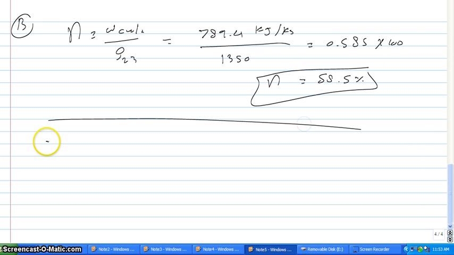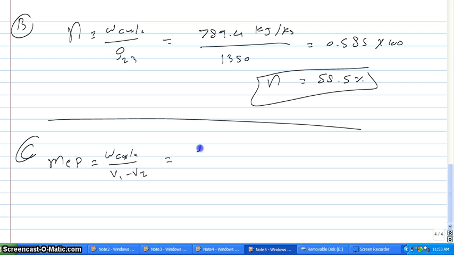Now we're doing the last part, which is the mean effective pressure. This equation is work cycle over (V1 minus V2).